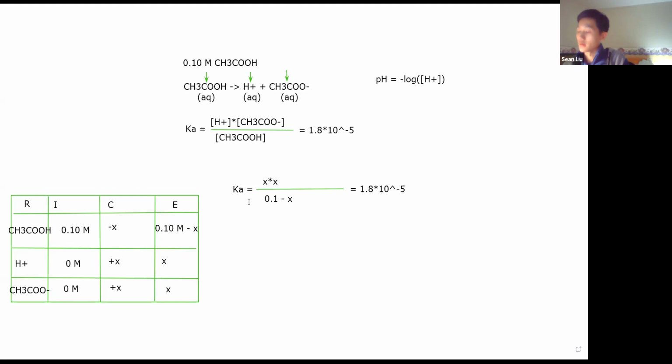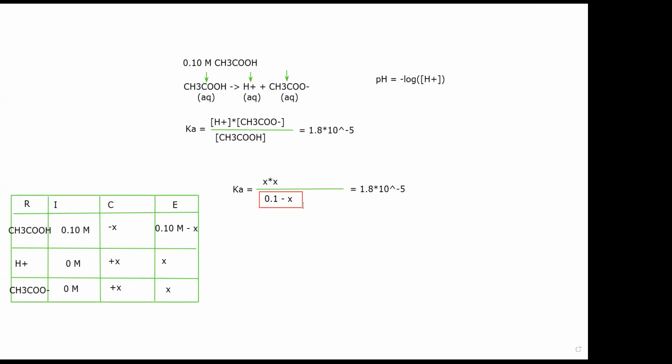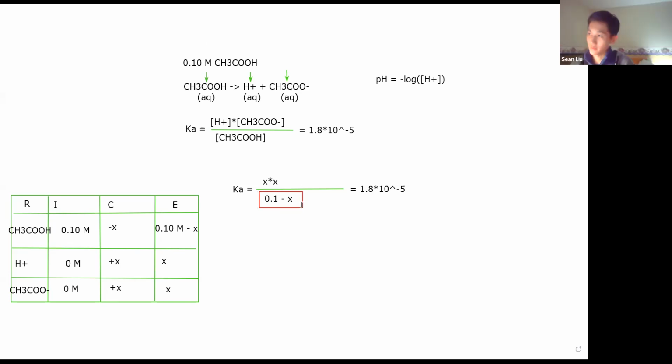Basically very small. Now let's think about this term right here. If X is 0.00133, or 1.33 times 10 to the negative third, is it making a big impact on 0.1? No, it's taking a very small chunk away from that.